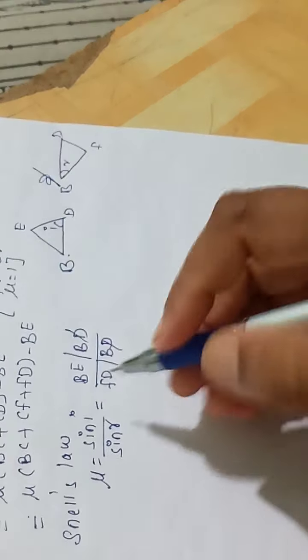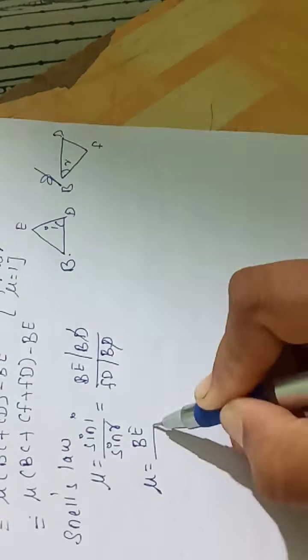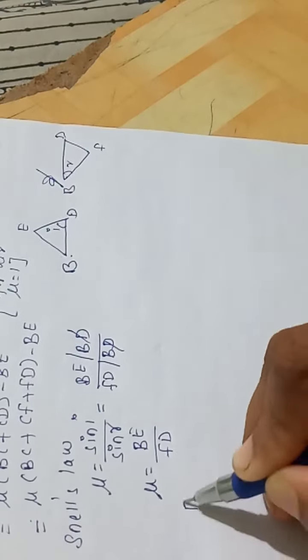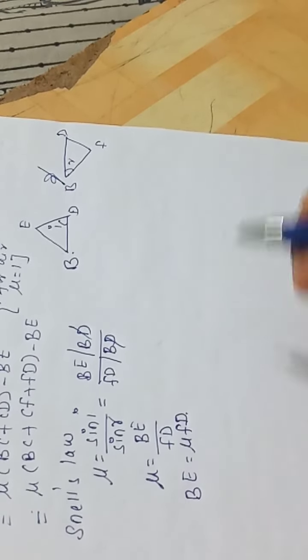BD strikes off. We get mu equals BE by FD. So BE is equal to mu times FD.